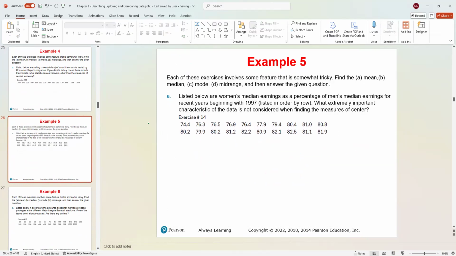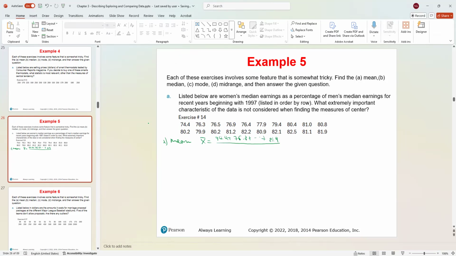And this data, as I said again, you find the mean. We add all the data, 74.4 plus 76.3 plus, until you get to the last one, which is 81.9, divided by the number of data. So we must count the number of data in that data set. Don't forget, you must count how many data you see.